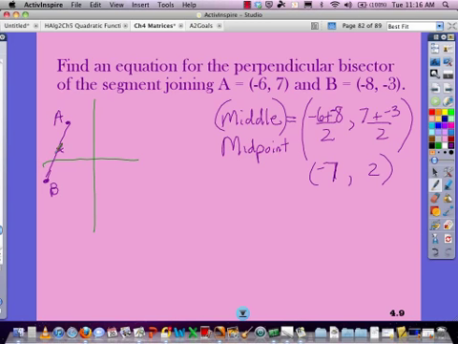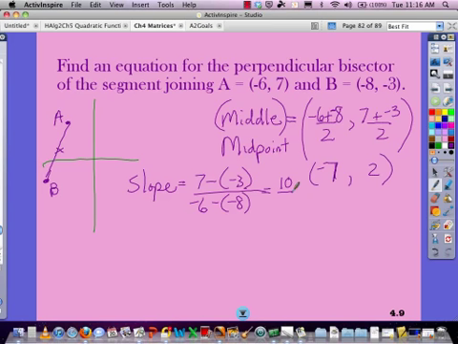From there, we need to find out what the slope of this line is. So the slope of our current line is equal to y minus y over x minus x. Again, do the math. 7 minus a negative 3 is 10.